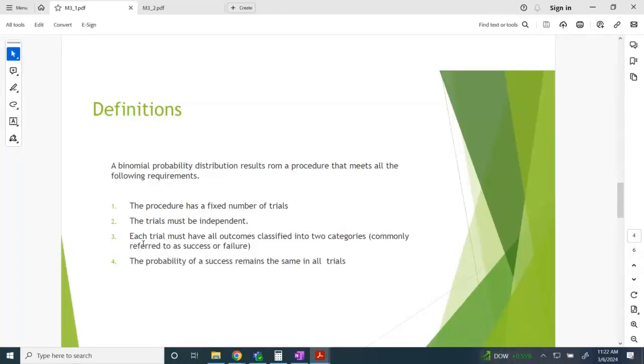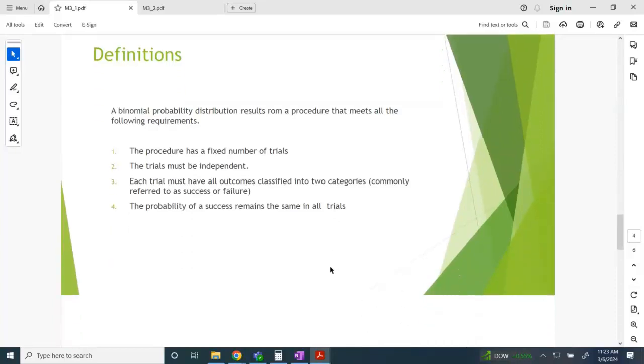All right, so each trial must have two outcomes. And since the trials are independent, the probability of success remains the same in all of the trials. All right, so 4 conditions. It has a fixed number of trials. The trials are independent. There's only 2 outcomes. And the probability of success remains the same for all of the trials.